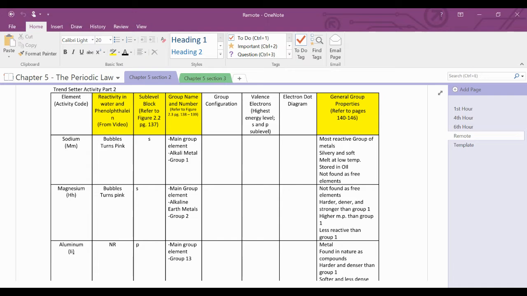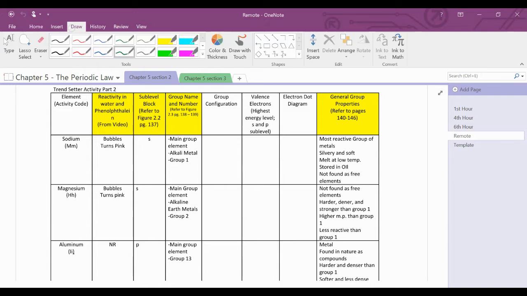And when we talk about group configuration, we're talking about electron configuration. Now, I'm going to put an N in place of the energy level because N depends upon the period you're in.